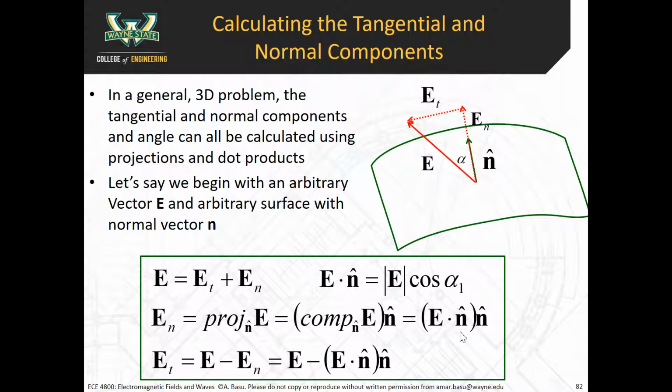So this becomes 2 plus 3 plus 4 over square root of 3 times n hat, which is 1 over square root of 3, 1 over square root of 3, 1 over square root of 3. This is all just plain old vector math. Nothing too exciting going on here. So this becomes 9 divided by square root of 3. This is a scalar multiplied by this vector, and when you multiply that out, you get 3, 3, 3.